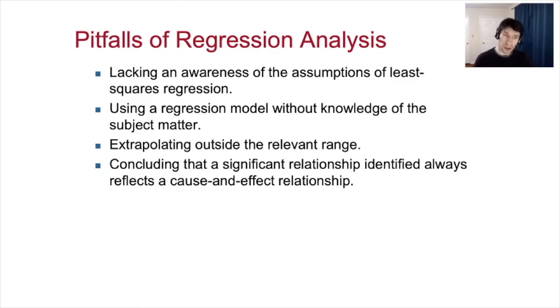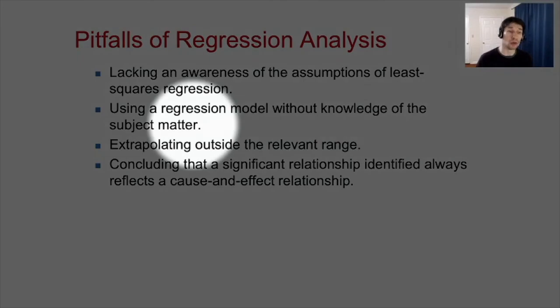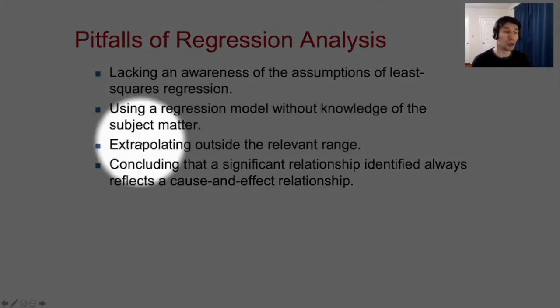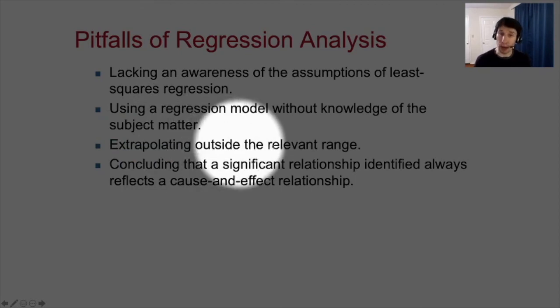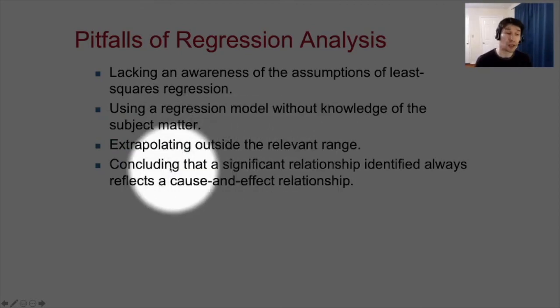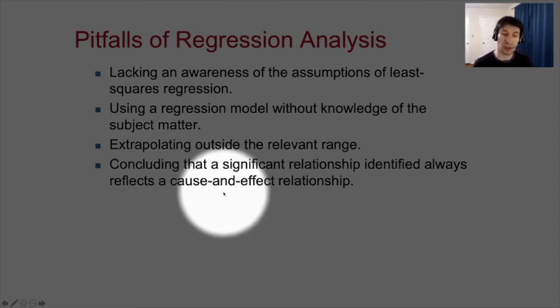And there are also a few things you can do to avoid the pitfalls. So, for instance, you should never use a regression model without a minimal knowledge of the subject matter. You definitely know enough to not extrapolate outside of the relevant range of data that you have. And finally, you can avoid the cause and effect pitfall. Do not interpret the relationships that you find in your regressions as being causal relationships. They are not necessarily so.